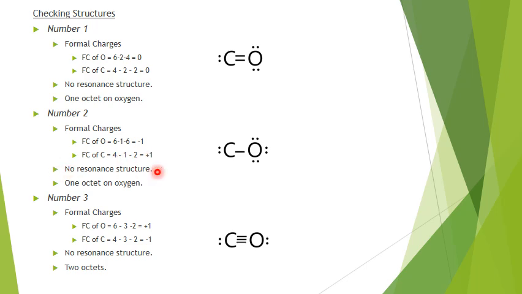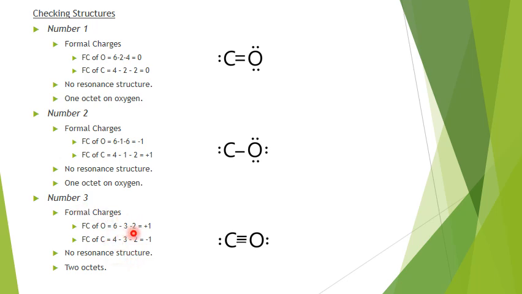Again, there's no resonance structure and 1 octet on the oxygen. So between these two, probably this one is more probable because it has less formal charge. I think because both have no resonance and they both have 1 octet.